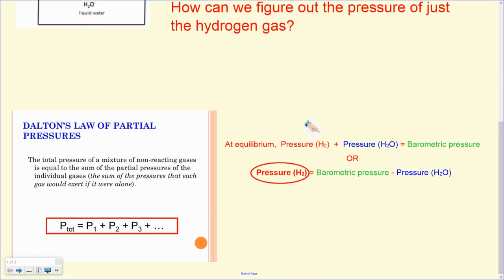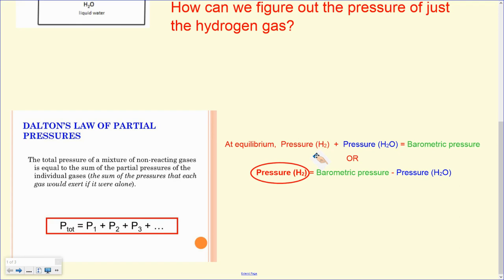So once again, developing the equation at equilibrium, atmospheric pressure, also called barometric pressure, and the pressure of the hydrogen and water added together are equal. So rearranging this equation, I can calculate the pressure of the hydrogen by simply subtracting the water vapor pressure from the barometric pressure.